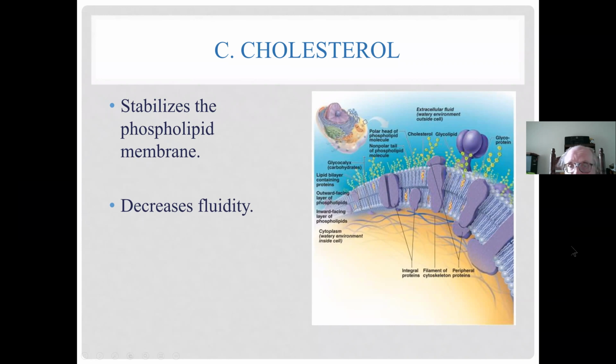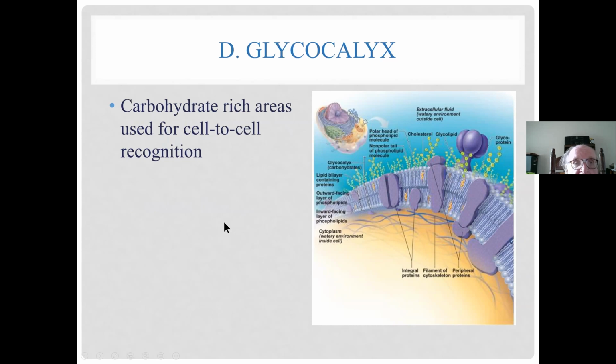You want to have a wave-like action here in the fluid mosaic model of the membrane, but you also want it to be stable enough to not break away from the cell and to be attached to the inner workings of the cell, because a lot of these proteins here, if you look at this, one of these integral proteins actually has portals here for things to pass through, okay? And so we want to have some fluidity to be able to move the membrane around, but we also want to have some stability, and cholesterol is one of the things that stabilizes it.